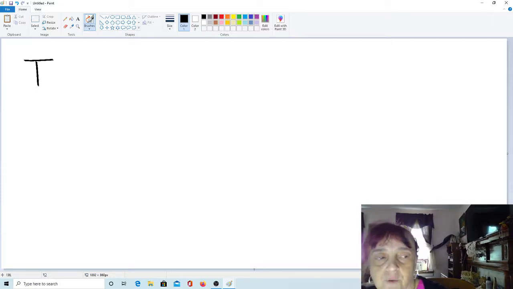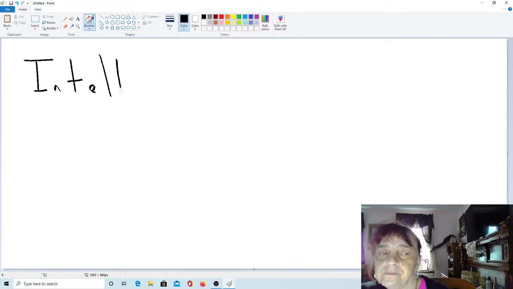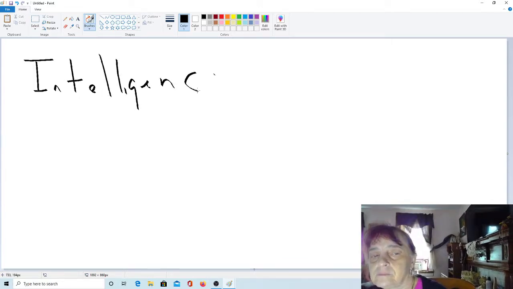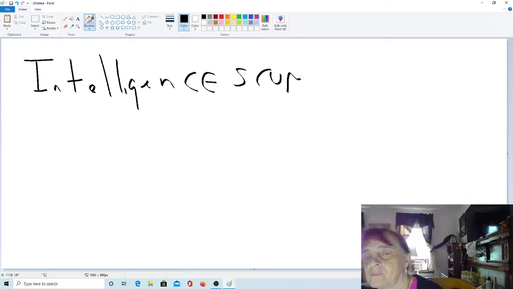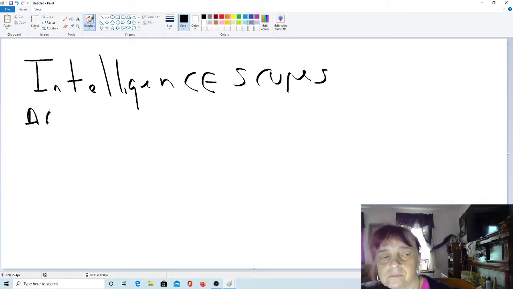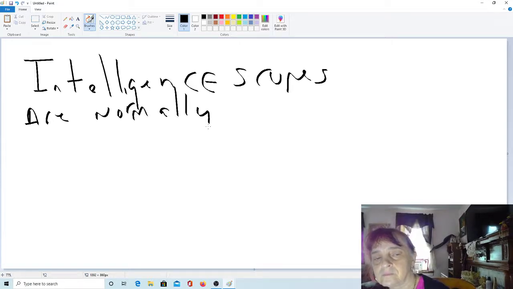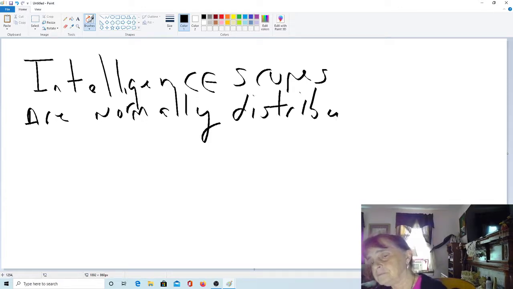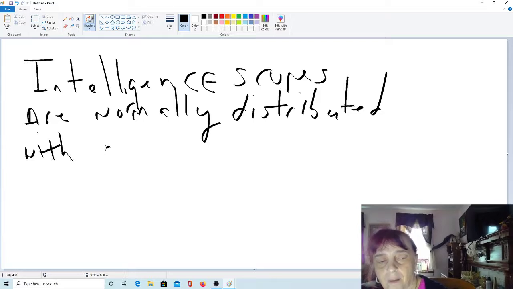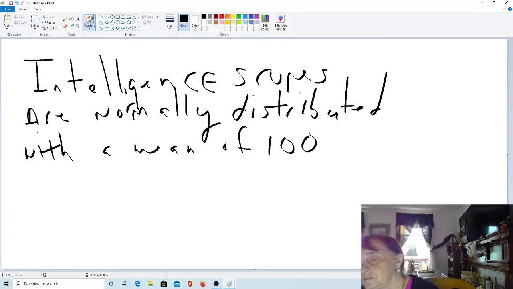Intelligence scores are normally distributed with a mean of 100 and a standard deviation of 15.